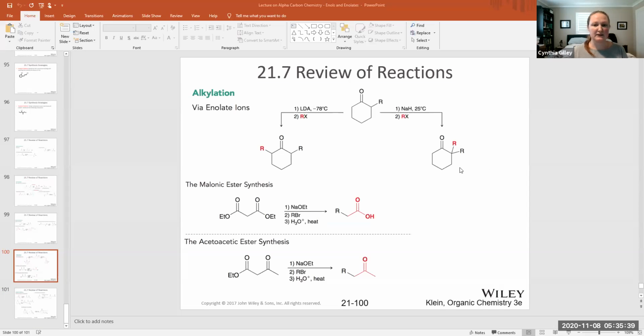Alkylation of the alpha position. We talked about using LDA versus sodium hydride and alkylating through either the kinetic or the thermodynamic enolate. We talked about the formation of carboxylic acids and methyl ketones using either the malonic ester or acetoacetic ester synthesis.